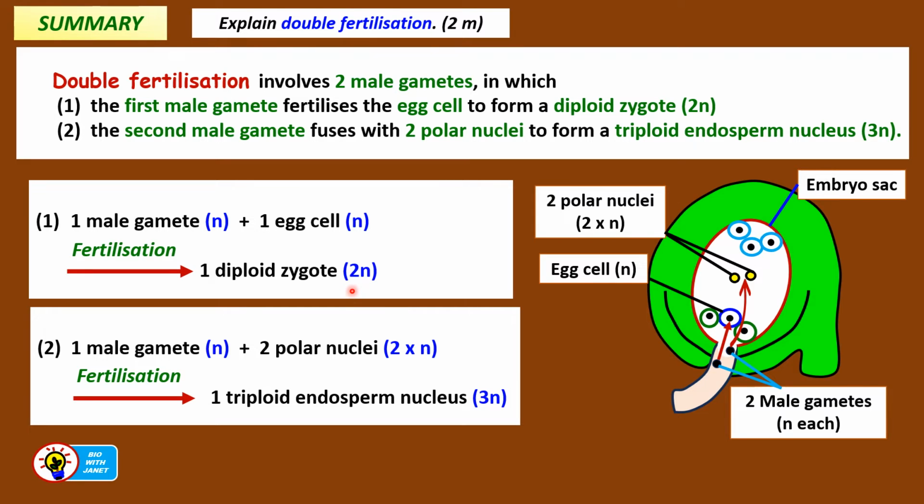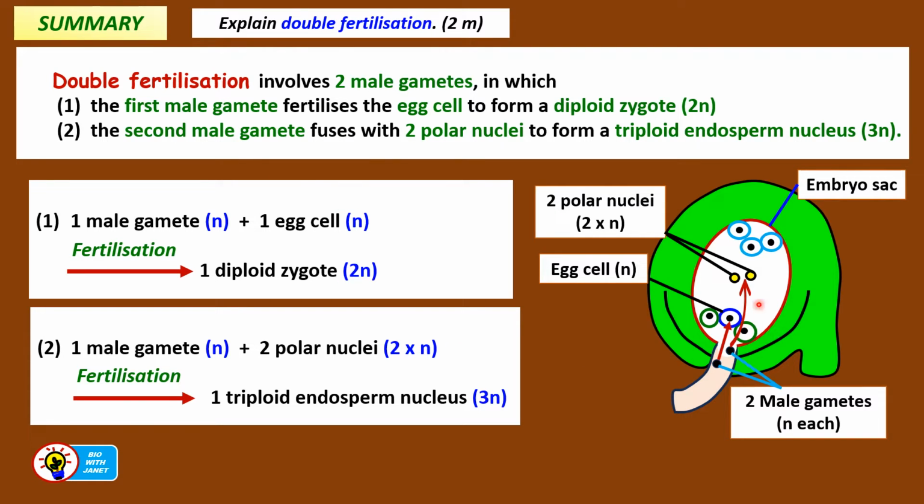This is one process of fertilization. Secondly, the second male gamete, which is haploid, fuses with two polar nuclei, which are both haploid, to form one triploid endosperm nucleus, which is triploid. So this is the other process of fertilization. That's why it's called double fertilization, because two processes of fertilization occur in this process.